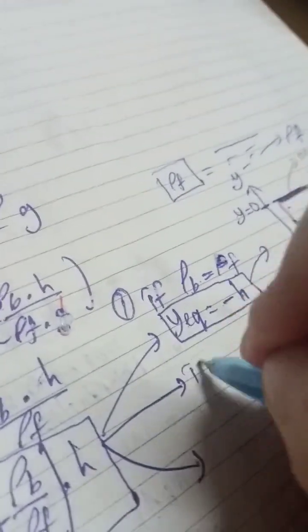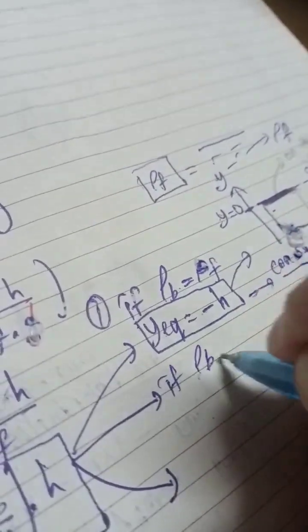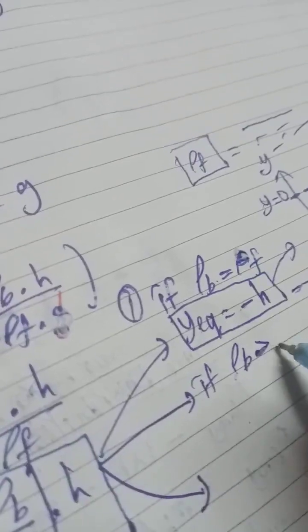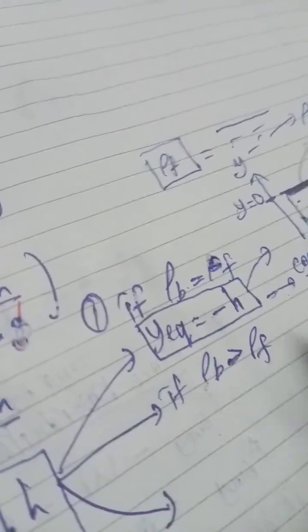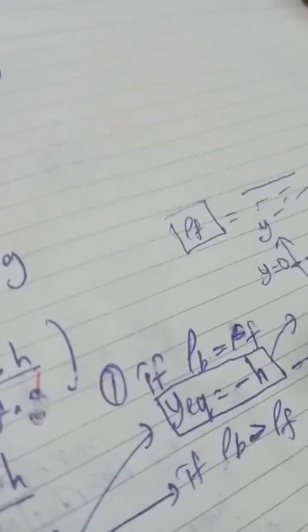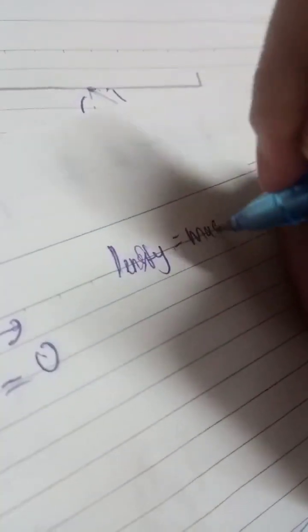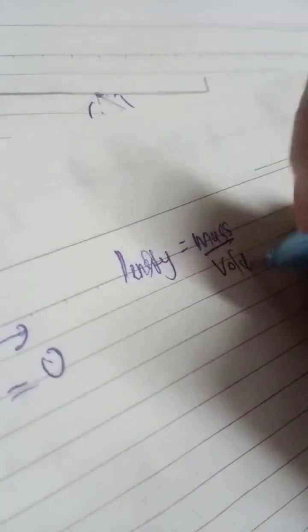Now what if rho b, which is the density of the block, is more than the density of the fluid? So what does density mean? Density, as I said, is mass over volume.